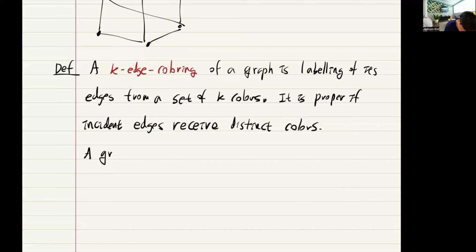And we say that a graph is K edge colorable if it has a proper K edge coloring.